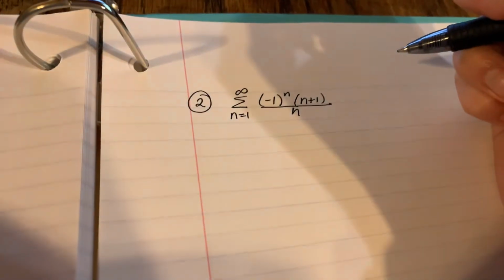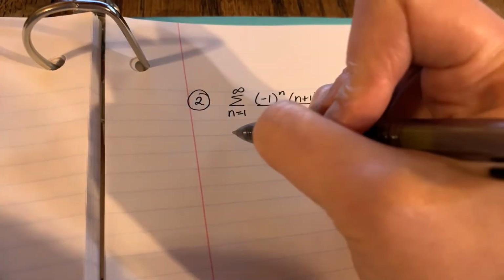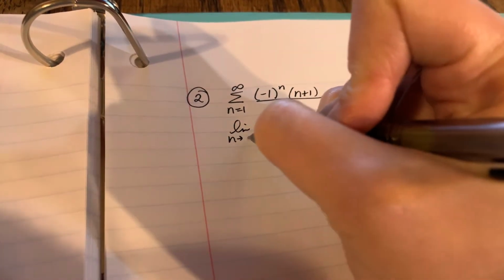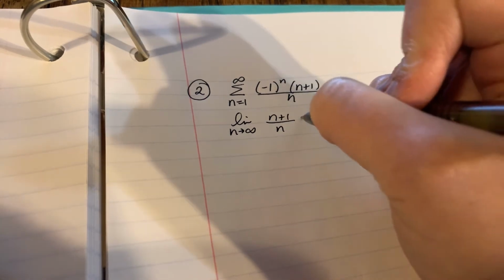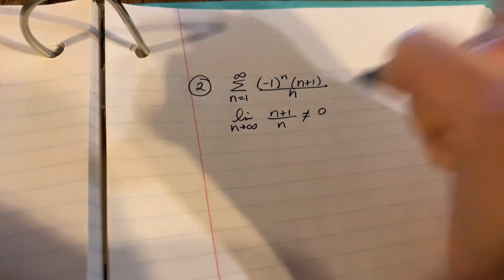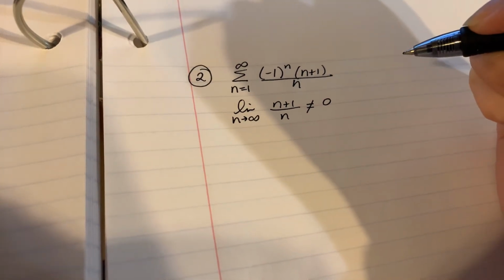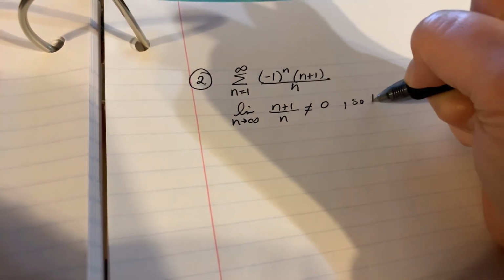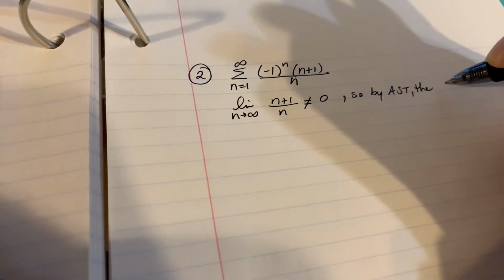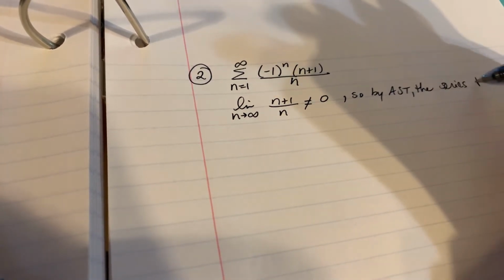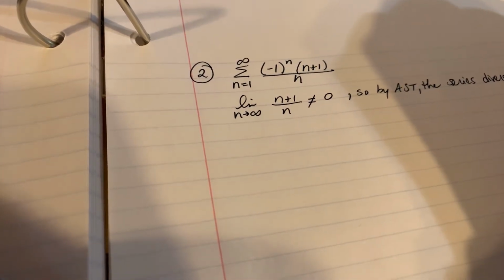This is obviously alternating. But I'm just going to do the limit as n goes to infinity of n plus 1 over n, which does not equal 0. It equals 1. So, by the alternating series test, the series diverges.